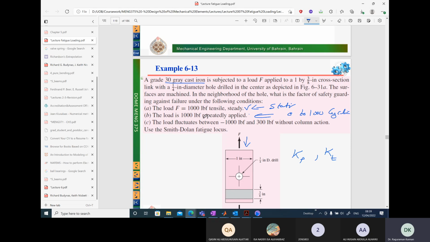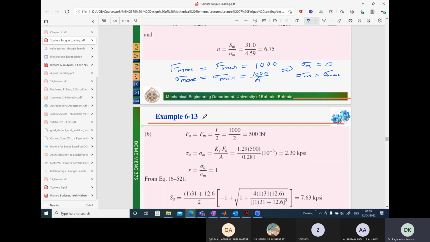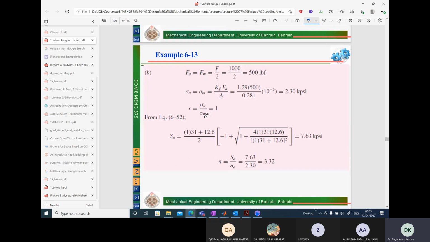The second case is 1,000-pound force repeatedly applied. What is repeatedly applied? It means between 0 and 1,000. Okay, so again in this case, F max is equal to 1,000, sorry, and F minimum value is equal to 0.